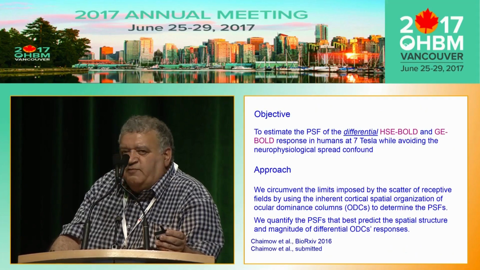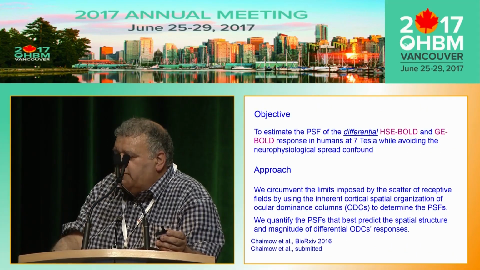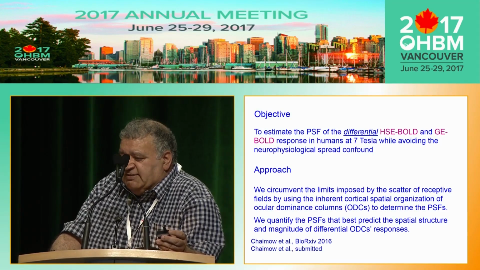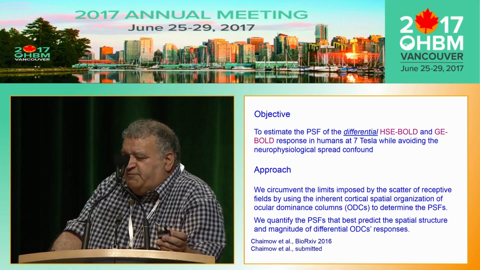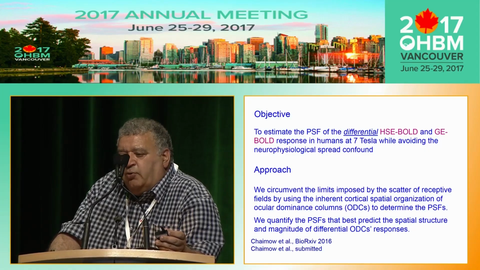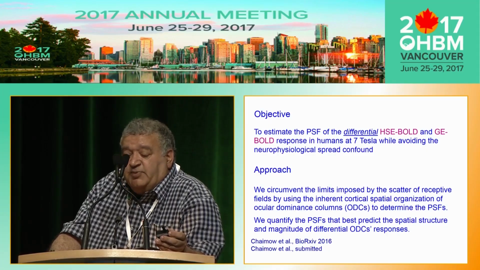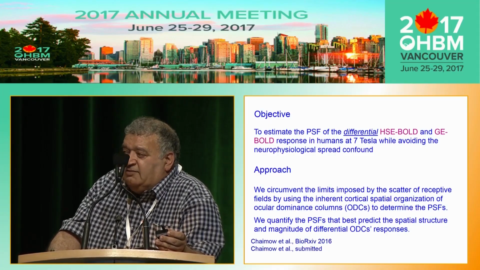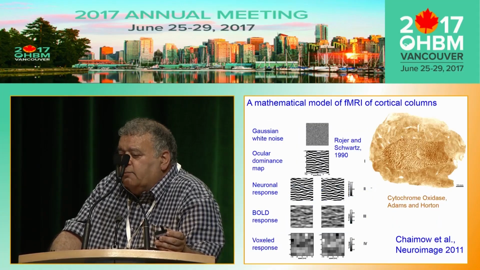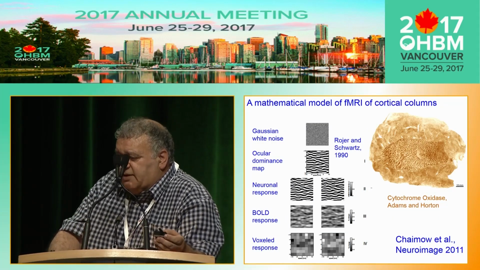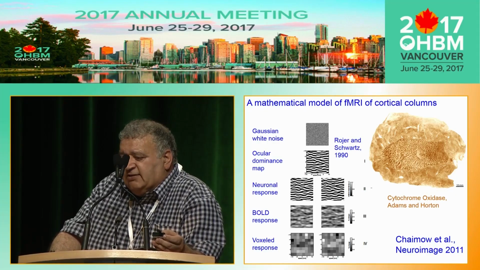In order to circumvent this problem and to estimate the point spread function of the BOLD response itself, we looked at the point spread function of differential spin echo BOLD and gradient echo BOLD responses in humans at 7 Tesla, while avoiding the neurophysiological spread confound. We did that by fitting a model of imaging cortical columns presented previously by Chaimow et al. in 2011.